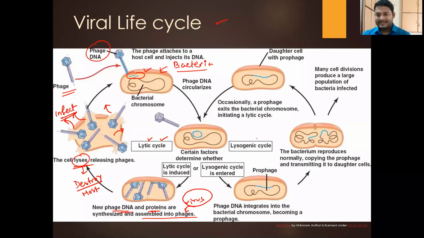Now let's look at the second cycle, called the lysogenic cycle. In the lysogenic cycle, it is slightly different from the first one. Here, as the phage DNA, or the viral DNA, enters the host cell, it induces the lysogenic cycle, where the phage DNA gets integrated into the chromosomal DNA.